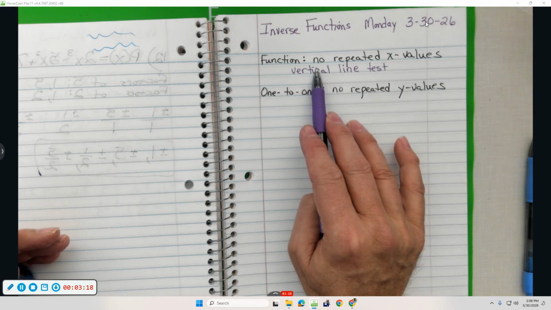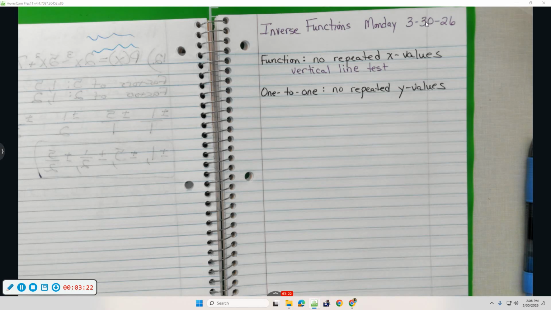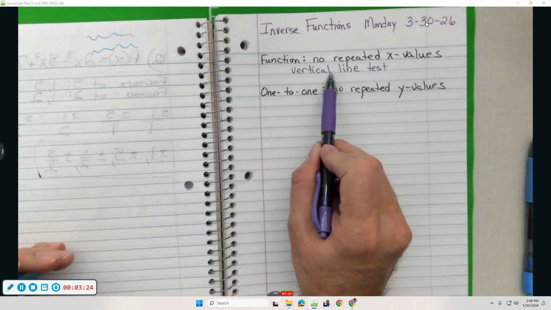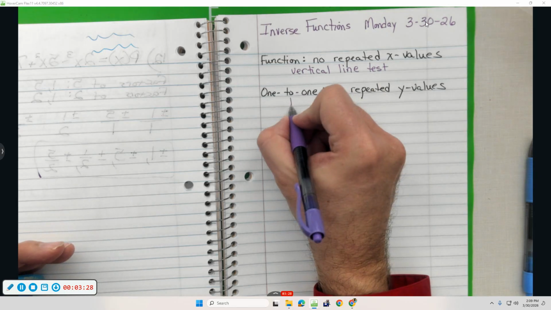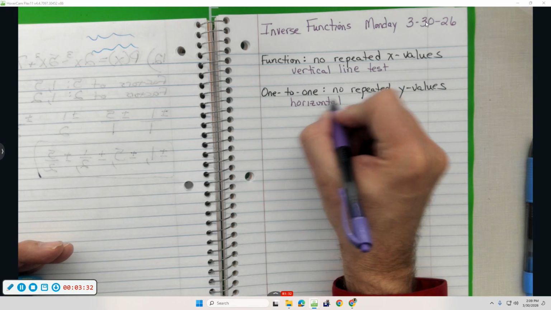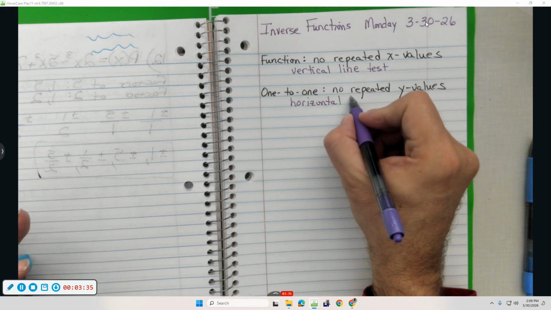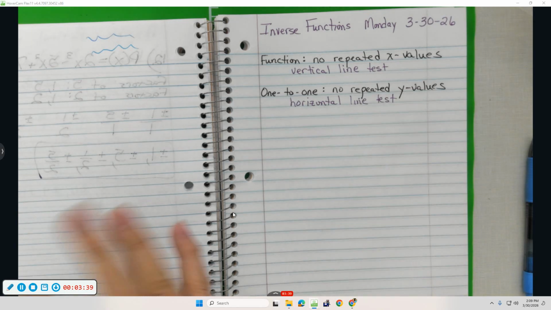So in purple, underneath this, looking at the pattern, what am I going to write? Not vertical, but horizontal. There's a horizontal line test that you can use to decide if something's one-to-one. Now, demonstrate that right now.